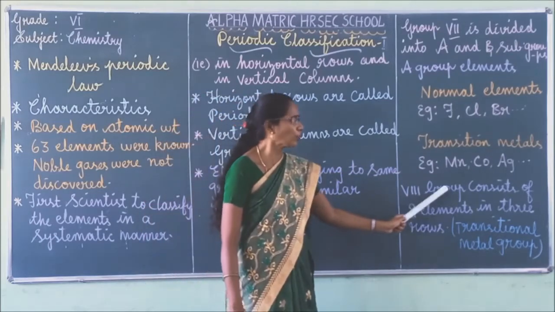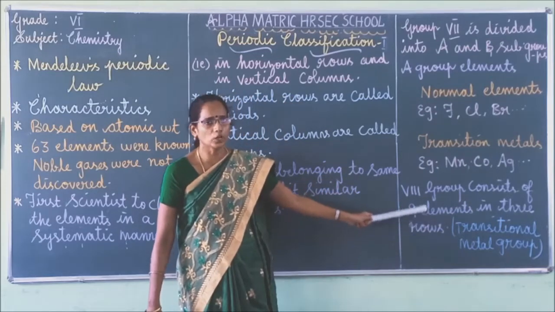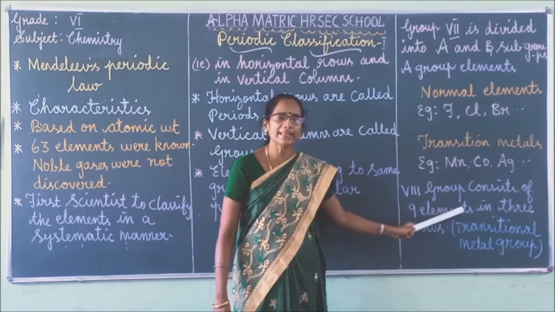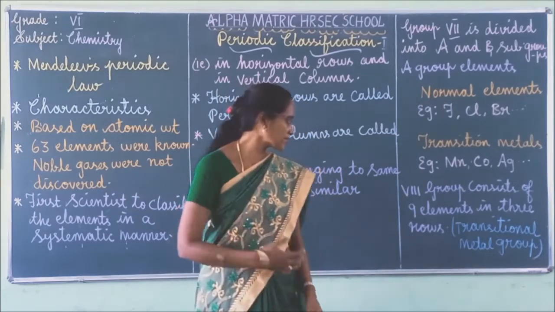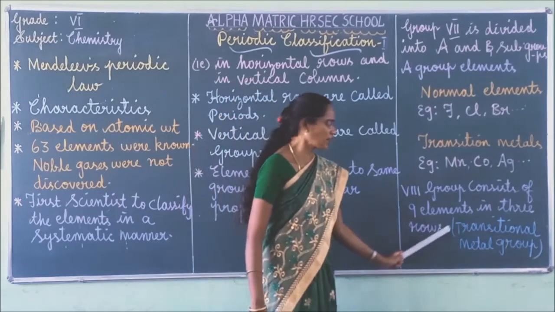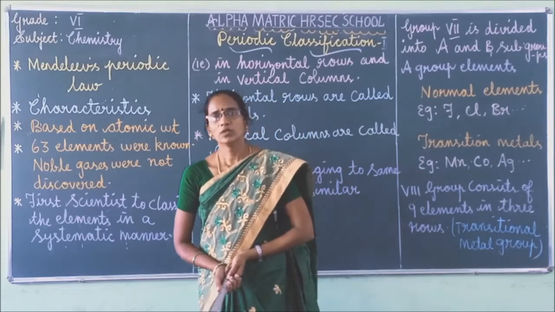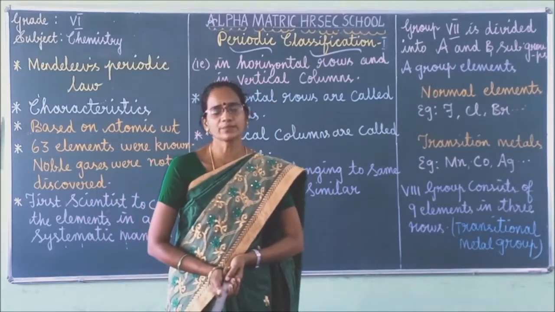Next, group 8 consists of 9 elements in 3 rows, and these are called transitional metal group elements, right?